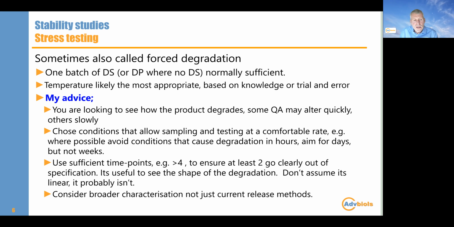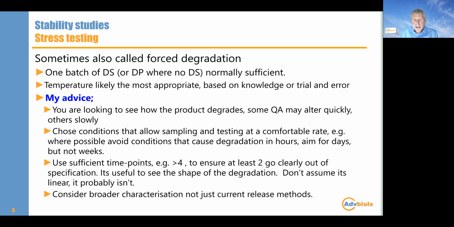Remembering that what you're wanting to understand is both the way in which your product degrades, but also the rate at which it degrades. Remembering that certain quality attributes might change more quickly or more slowly. So some may be more or less stability indicating, or the period at which they start to show a change might be quite different.